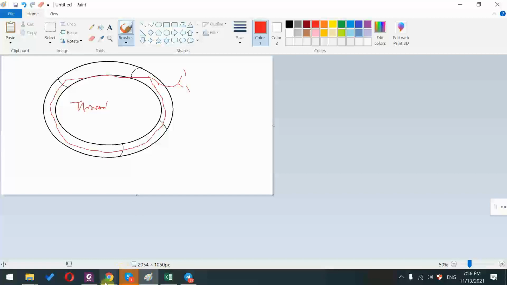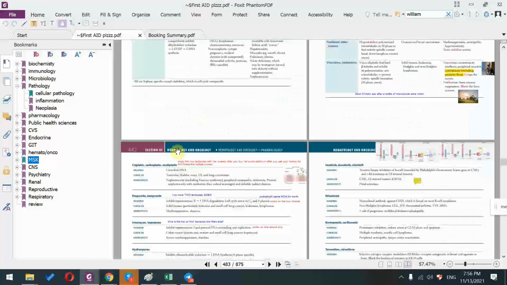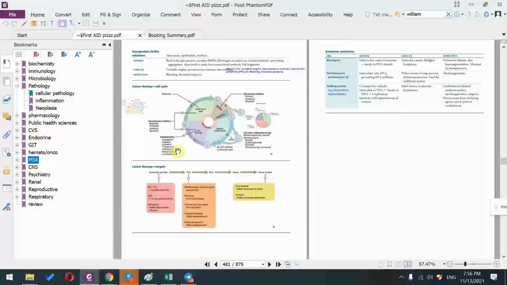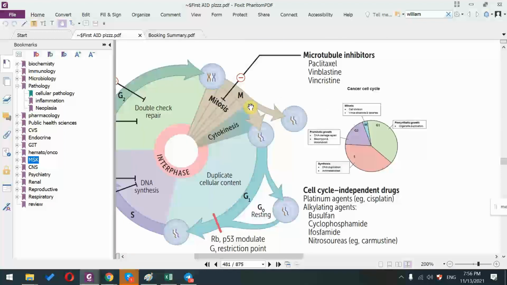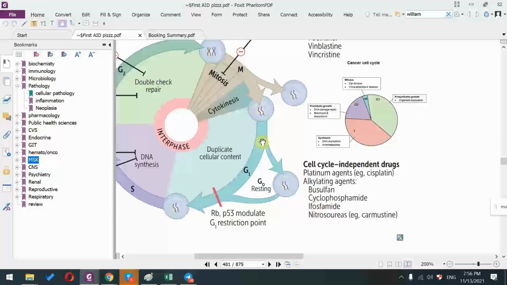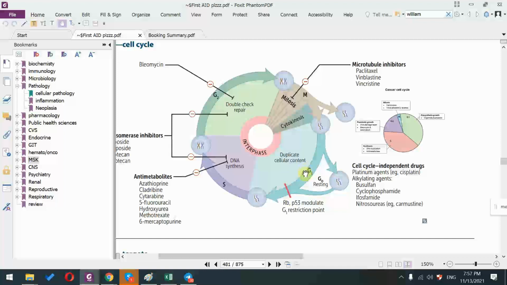I guess some of you don't know what the cell cycle is. That's the problem. So the cell cycle is basically how your cell proliferates. So initially you have one cell, okay guys? Then you start duplicating your cellular content inside of that one cell. Why are we duplicating it? Because you want to create more cells, okay? So you duplicate this cellular content, and all of this duplication happens at G1.